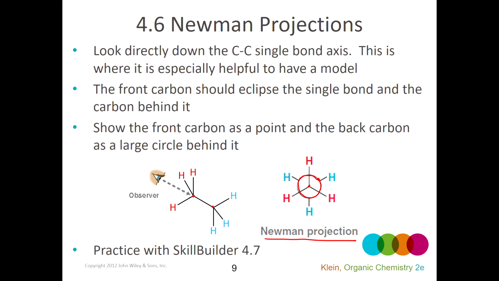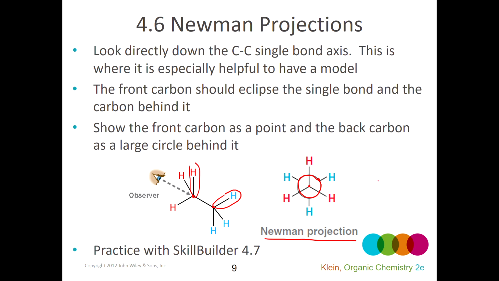One of the things that's easier to see when we draw a Newman projection is the torsional angle, or whether or not one hydrogen on one carbon, or it could be any group, is aligned with the hydrogen or group on a neighboring carbon.